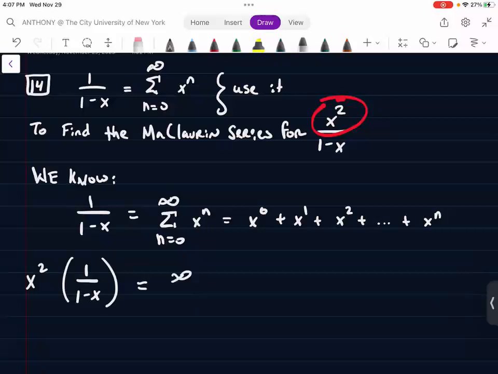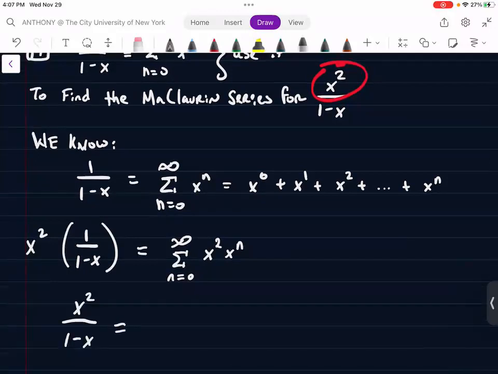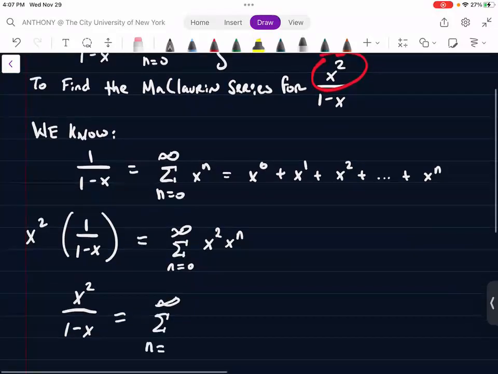So I have x squared times x to the n. This gives us x squared on the top over 1 minus x. And for your Maclaurin series here, you have x squared times x to the n.